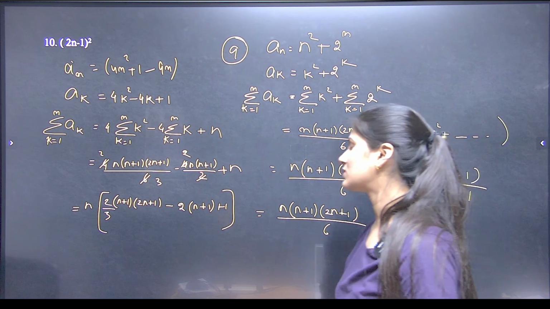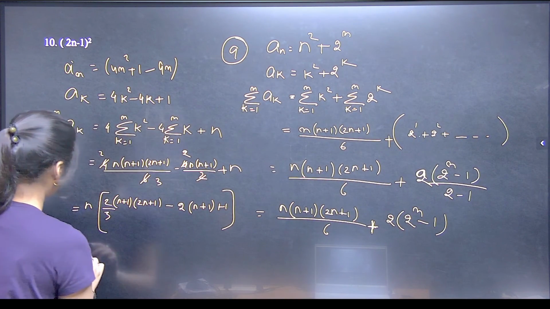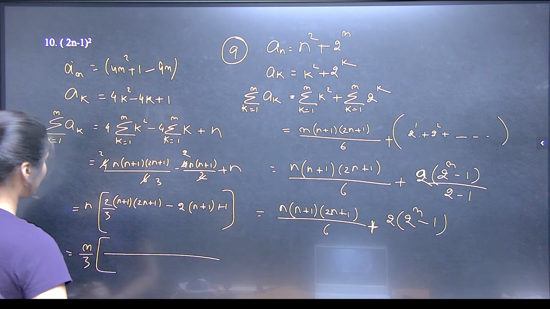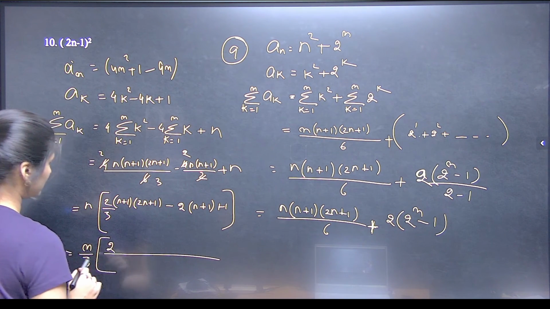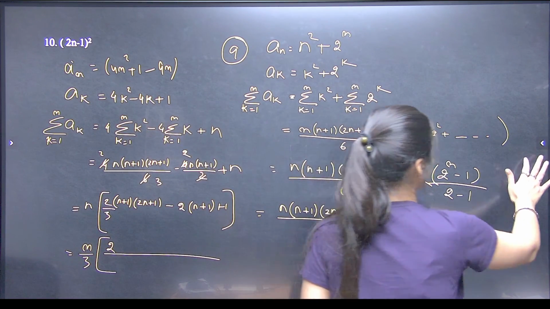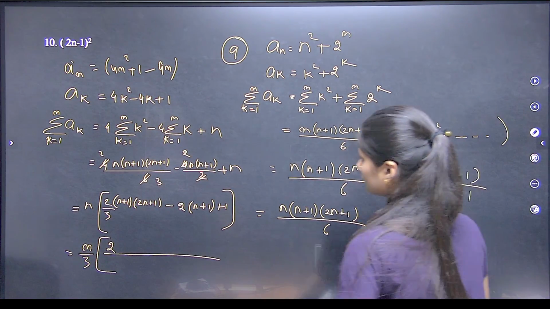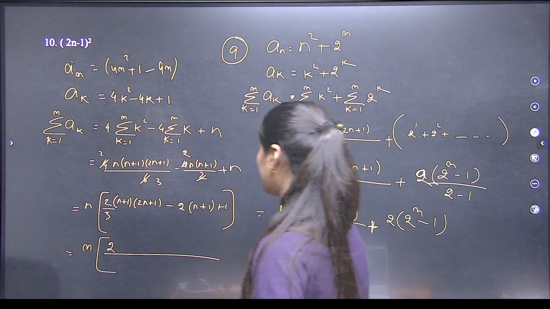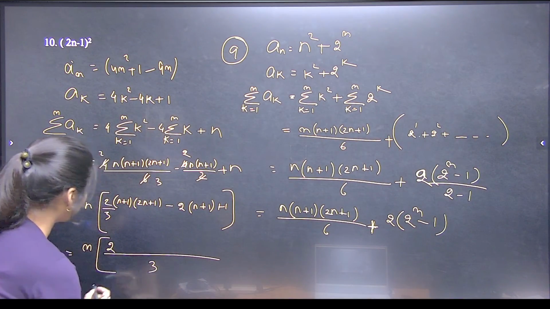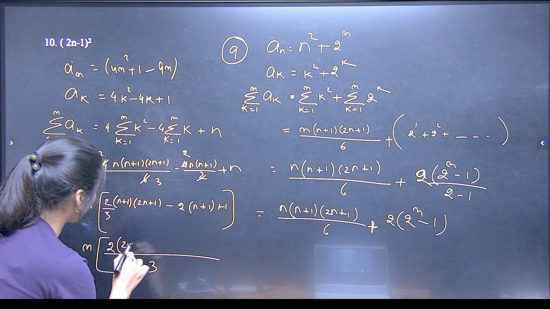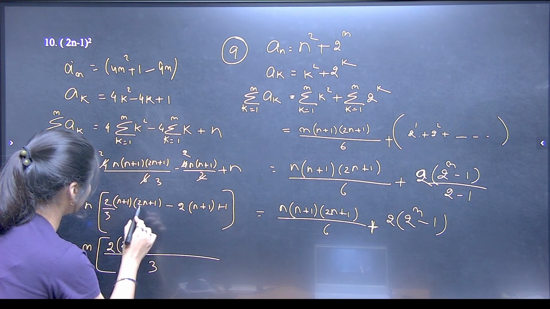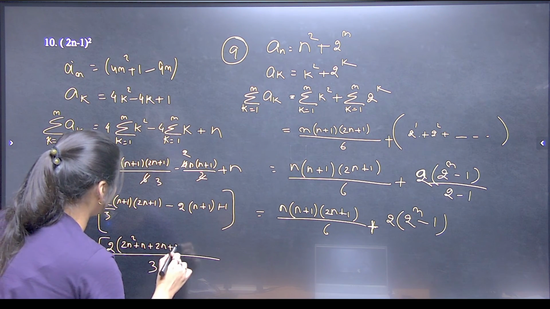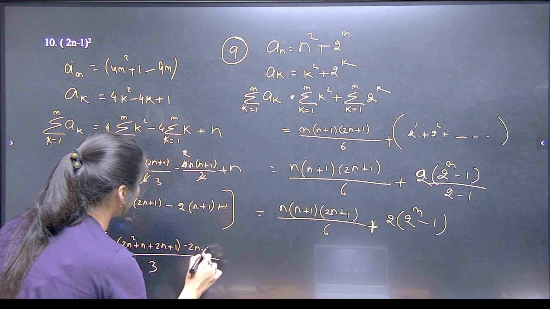If I take LCM, it is n by 3 times 2(2n square plus 3n plus 1) minus 6n minus 6 plus 3.